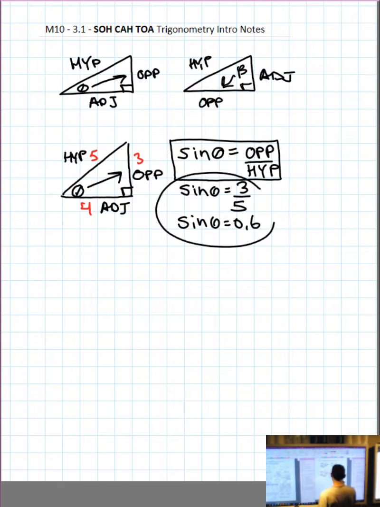Those are both good answers. If someone told me I have a sine ratio of 3 over 5 or 0.6, I'm going to have a vertical of a ratio of 3 to 5. Think about it. It could be the same ratio of 6/10, etc. So that's the sine ratio.